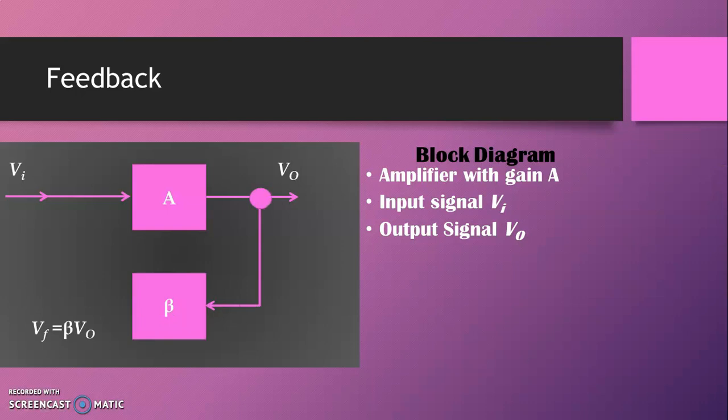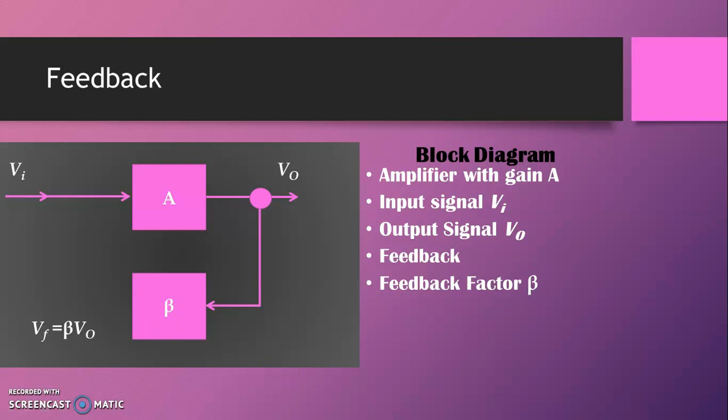Now from the output we take a sample, and that is known as a feedback signal. The feedback factor, that is beta in the feedback loop, and feedback factor beta is always less than 1.